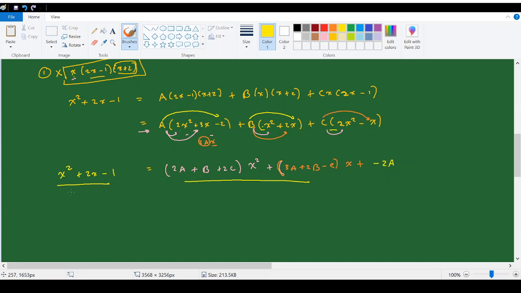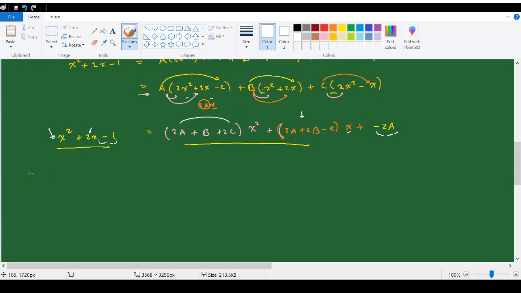In other words, the coefficient of x squared should be the same as the coefficient of x squared in the right hand side, and the coefficient of x in the left hand side should be equal to the coefficient of x in the right hand side, and also the same goes with the constants as well, right?